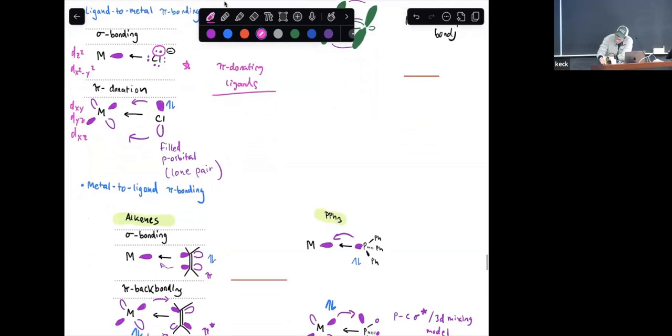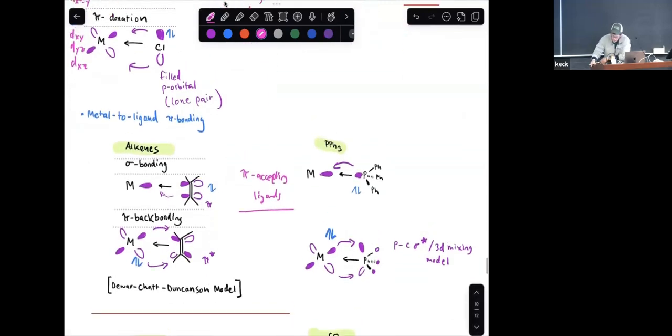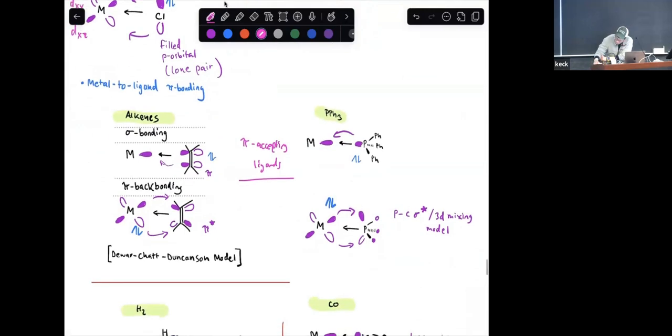And then the other flavor of pi bonding we would call pi back bonding or pi accepting. And this takes place with a number of different ligands: olefins, CO, phosphines, and so on and so forth. Let's first look at the case of olefins. So the filled pi bonding orbital of the olefin is serving as the sigma donor.